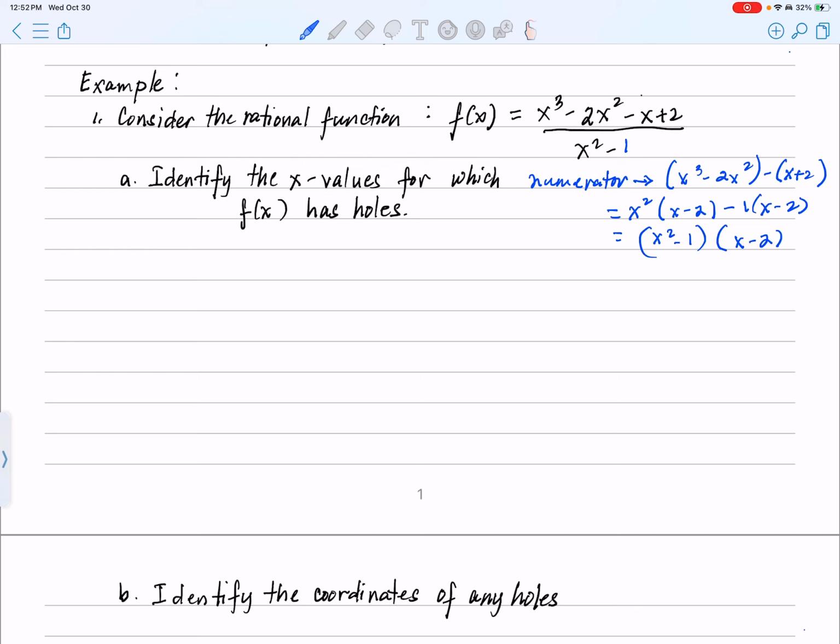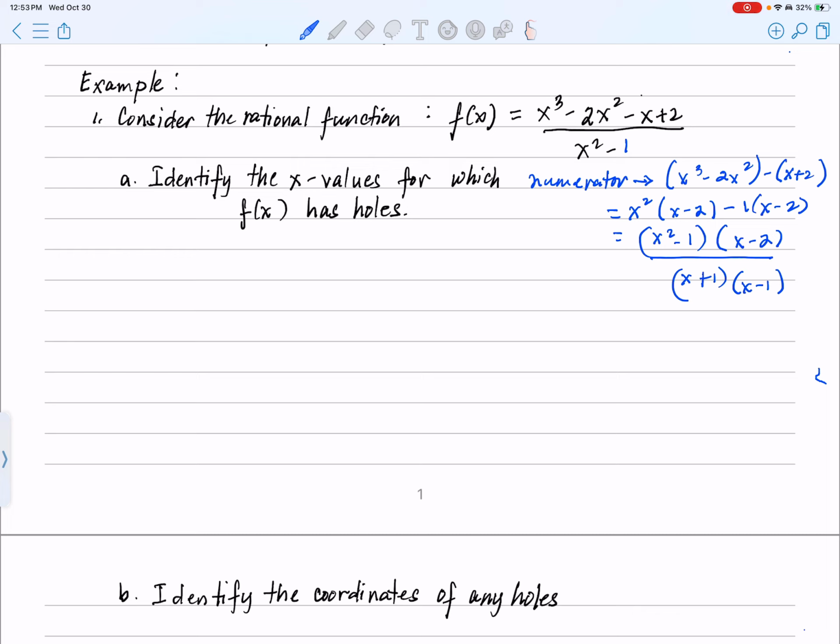Now the denominator is the difference of 2 squares, so our denominator would become x plus 1 and x minus 1, right? Or I don't need to do this right here because I could see that the numerator has x squared minus 1 and the denominator is x squared minus 1.